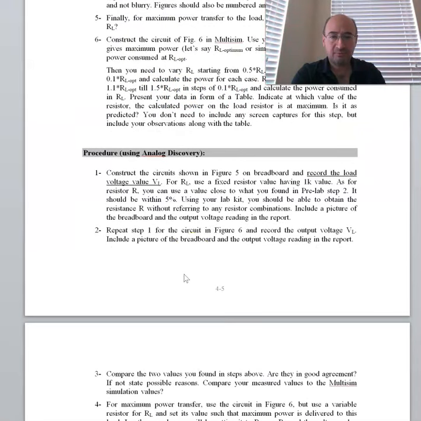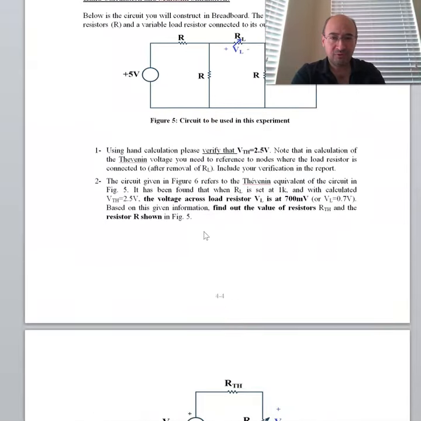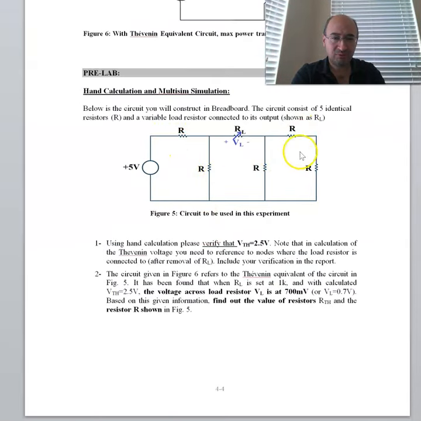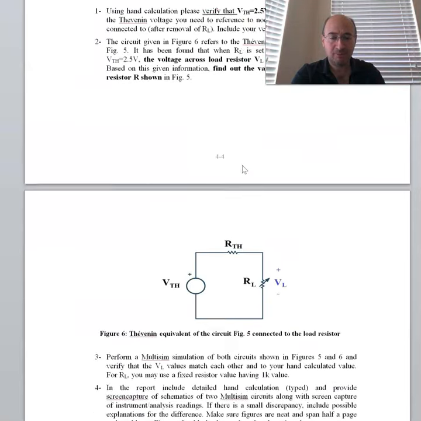And finally, we're constructing the circuit using Analog Discovery and the breadboard. The value you find for R should be straightforward, so you don't need to do any resistor combinations.